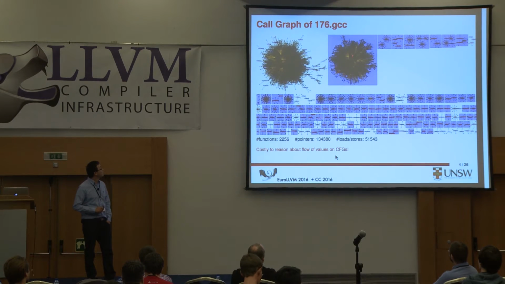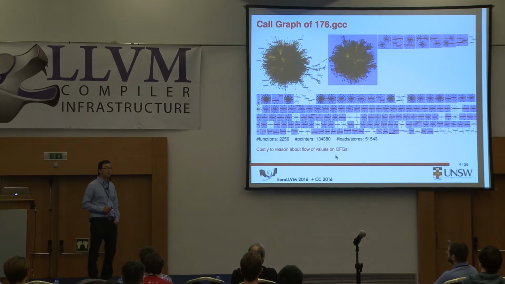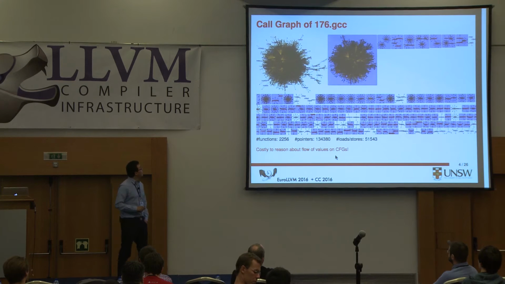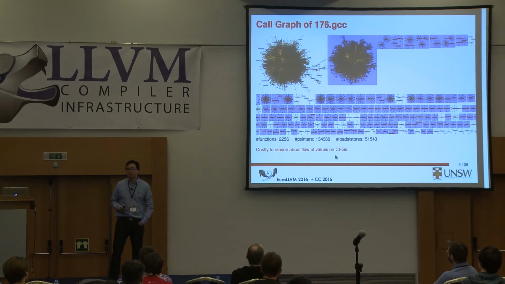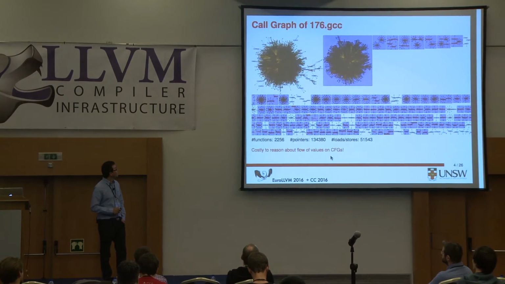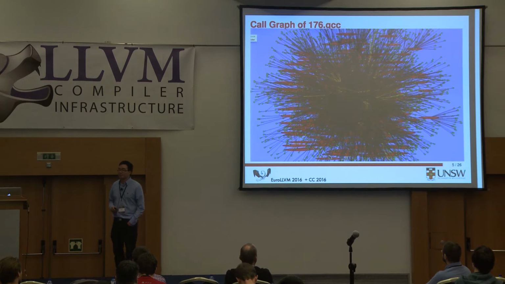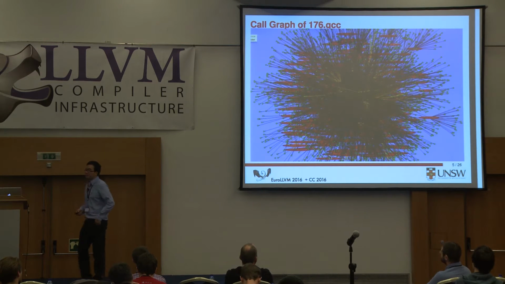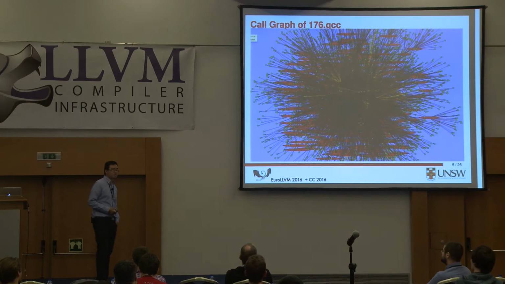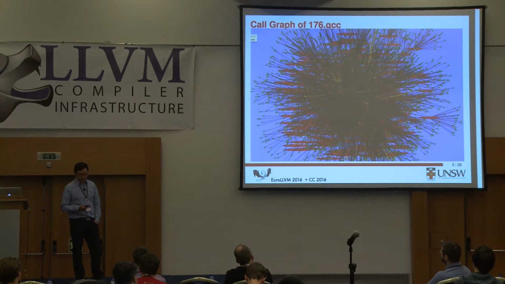This picture shows a very complex strongly connected component involving hundreds of methods. Let us enlarge this picture. We can see it's really a mess here, with a lot of calling relations between different methods. So it's clearly very costly to reason about flows of values across different procedures, interprocedurally.